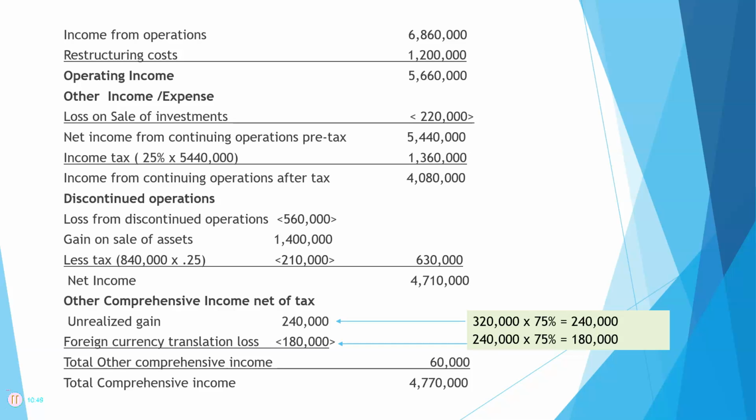It is a combination of net income and other comprehensive income. And in some cases, you will see other comprehensive income net of tax on a separate statement. They'll show net income, and then the next page would be other comprehensive income. They do it both ways.